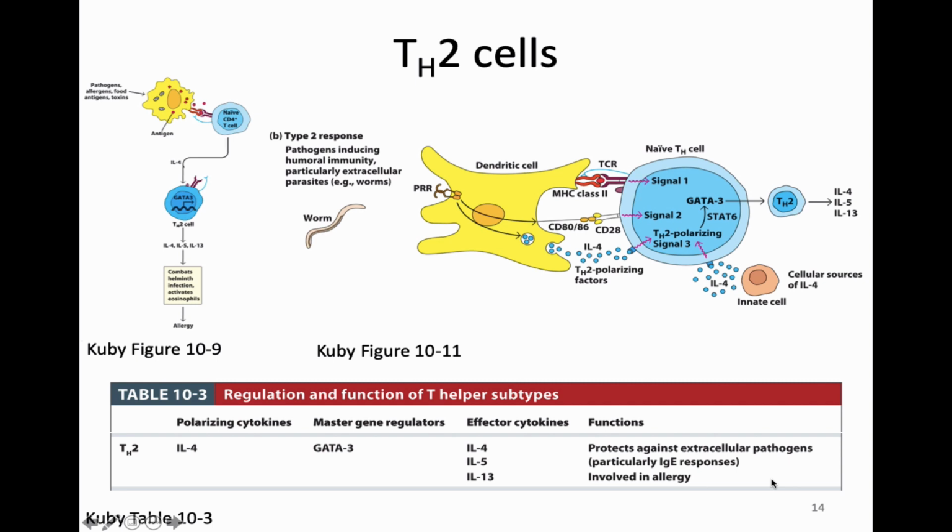GATA3 leads that cell to start transcribing effector cytokines. The most important one that I'll mention here is IL-4, although it does seem as though IL-4, IL-5, and IL-13 are all controlled together and tend to be transcribed together in a group.